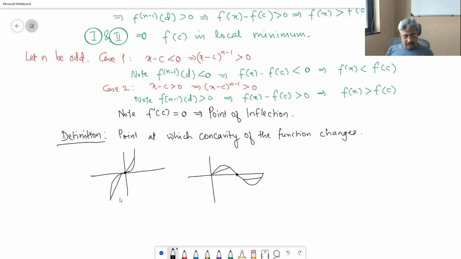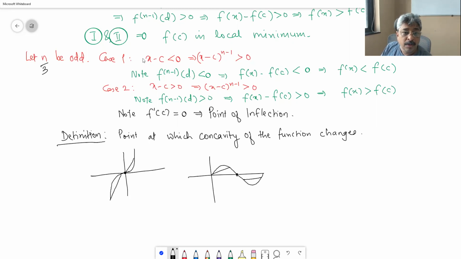Okay, so let us see what happens at a point of inflection. If you observe the last step we have written here, say for example y is equal to x cube, where n is equal to 3.